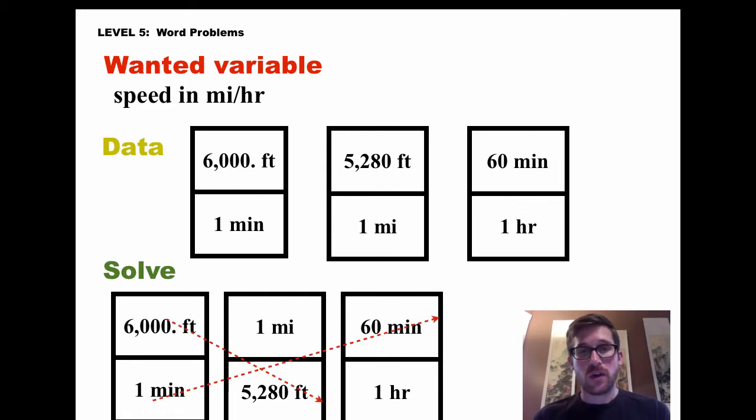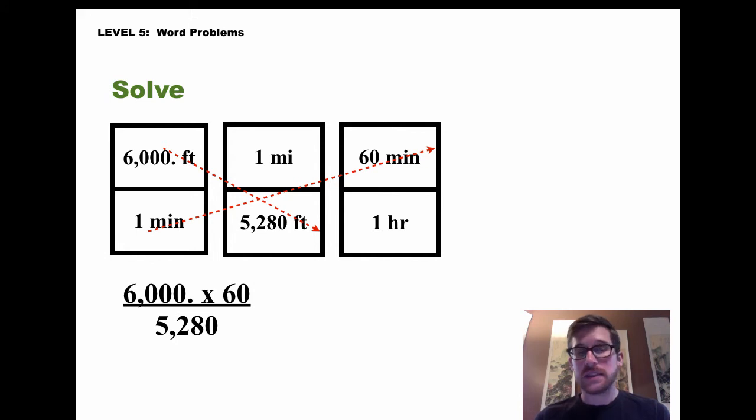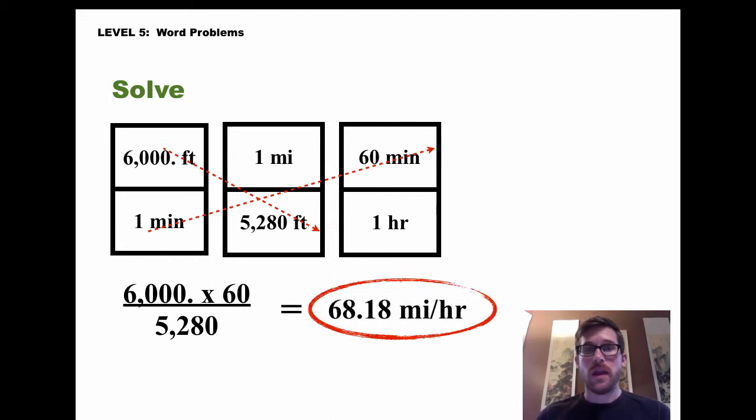And if you look carefully, you'll notice that the 2 units that I'm looking for, miles and hours, are the only thing that are left, and they are in the correct position, miles on top, hours on the bottom. So now I have my problem set up. I'm going to do the math. It's 6,000 times 60 divided by 5,280, and I get 68.18 miles per hour.